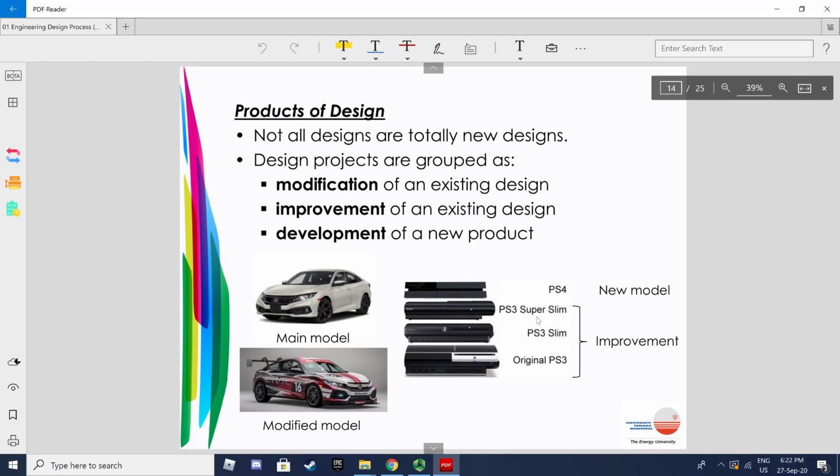The graphic system is the same throughout the PS3 system, but maybe there is an improvement in the internal hard disk, the sizing, the cooling system, and so on. But when it goes from PS3 to PS4, it becomes a new model, with a totally new engine, a new processor chip, and a new approach to the gaming system.